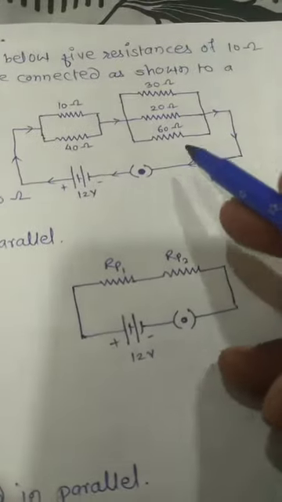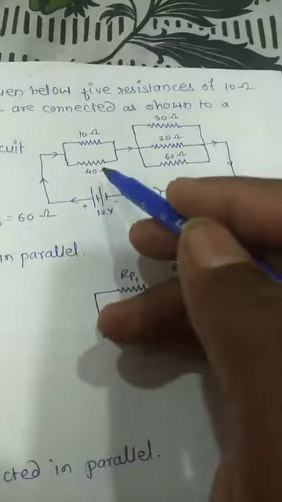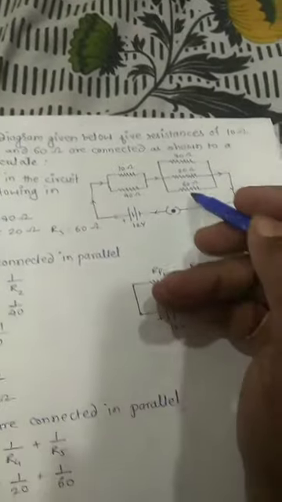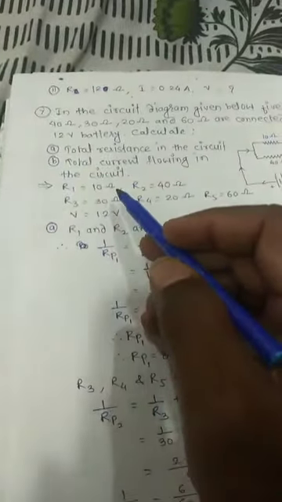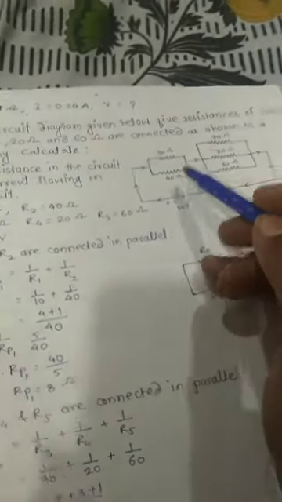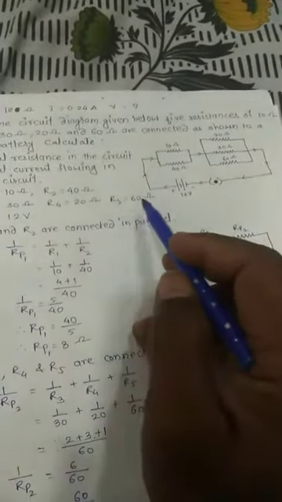So see how it is given. 3 resistors are connected in parallel. Here 2 resistors are connected in parallel. So first we have to give the names R1, R2, R3, R4, R5. So given part: R1 10 ohm, R2 40 ohm.